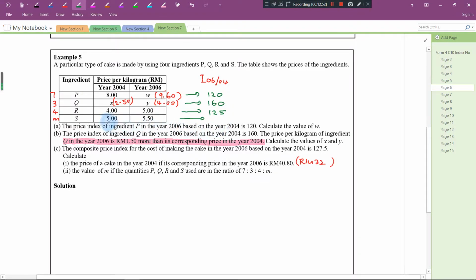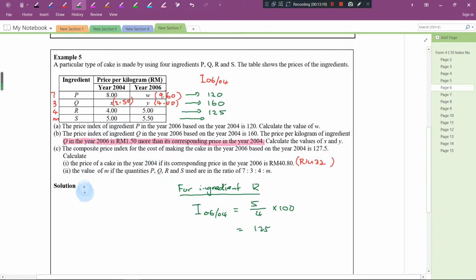For ingredient R, 5 over 4 times 100 is equal to 125. It means that it increases 25%.